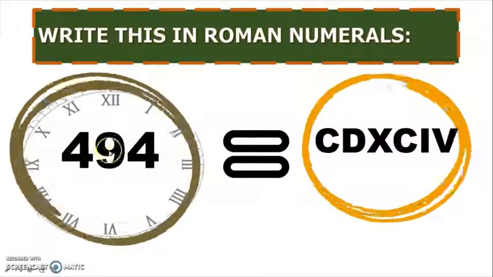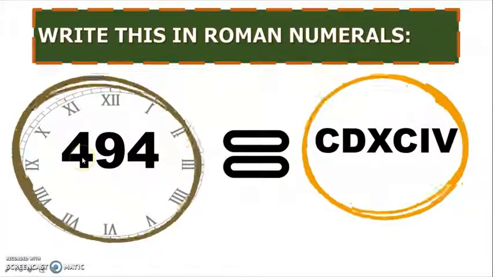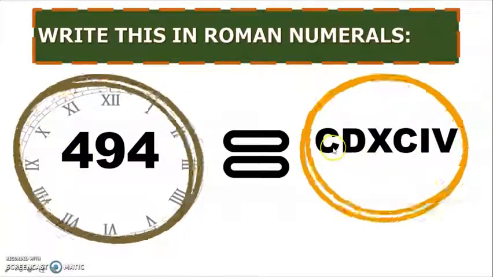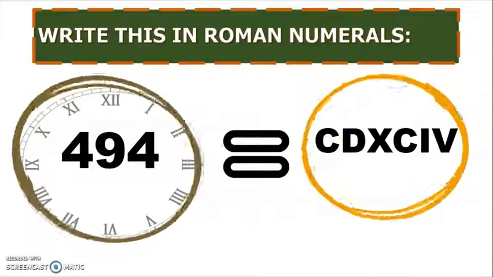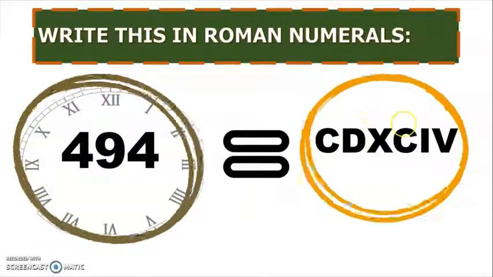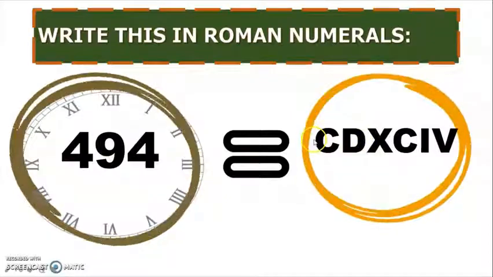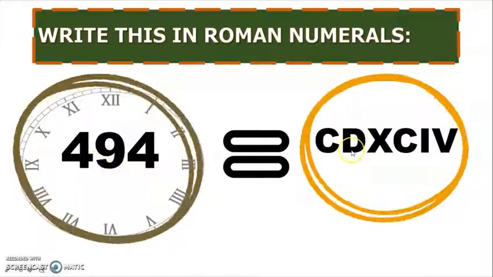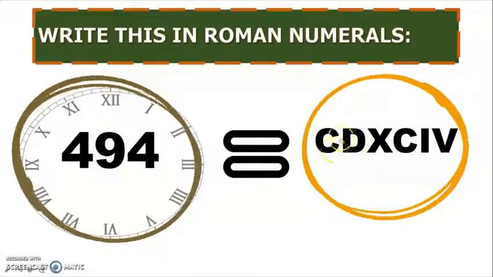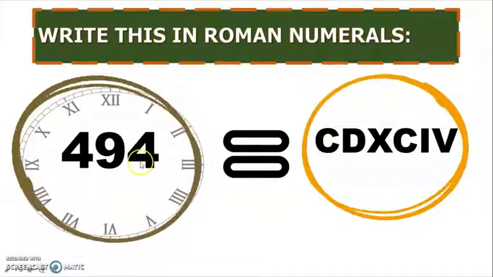Next is 494. You cannot write four Cs, because you can only repeat C three times, a maximum of 3. So therefore, you have to subtract 500 and 100 to become 400. D is 500, C is 100, so 500 minus 100 is 400.